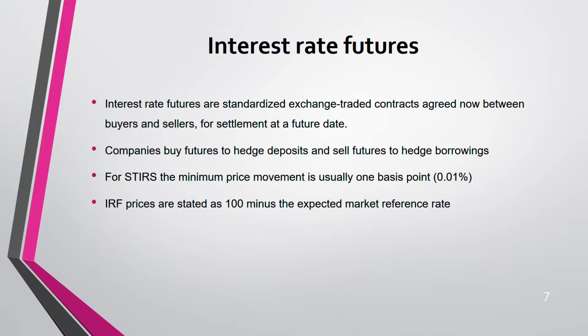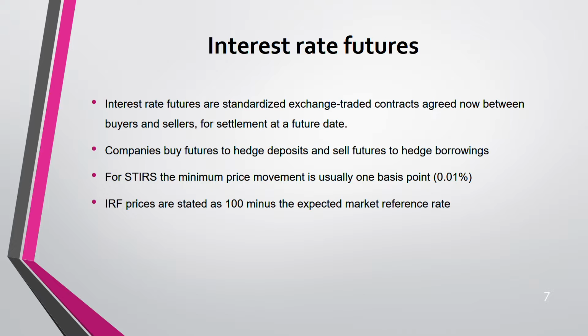Because this is interest rate now, understand the difference. Interest rate future prices are stated as 100 minus the expected market reference rate. Let's say they are giving you 7%. 7% is not your future price. The future price has to be 100 minus that 7%, that is 93. Sorry, not 0.93, 93.00.